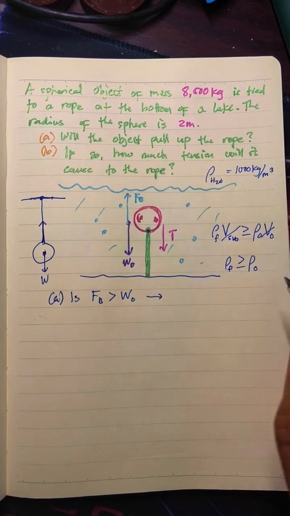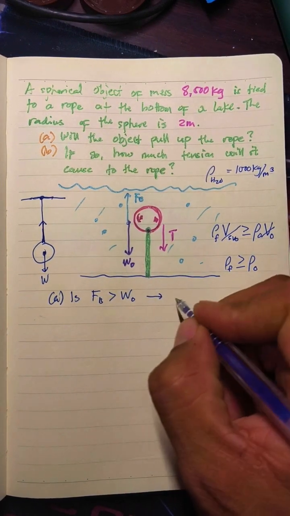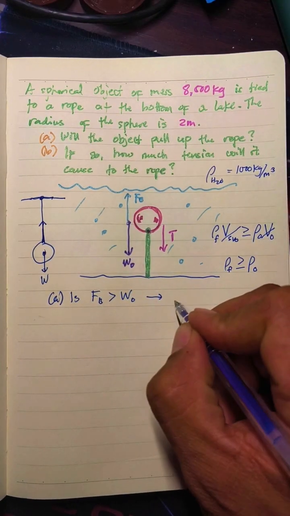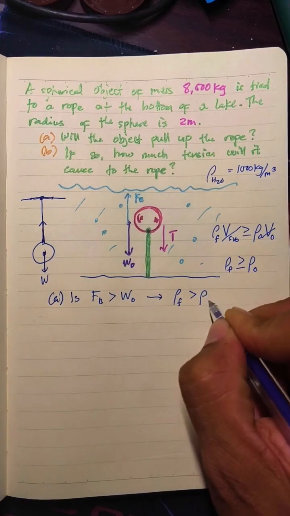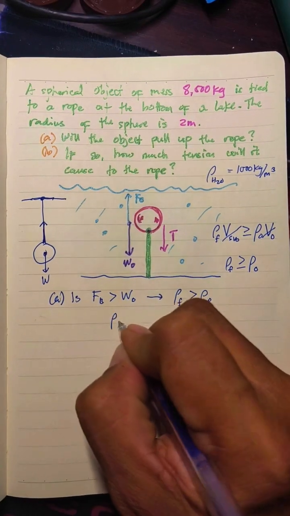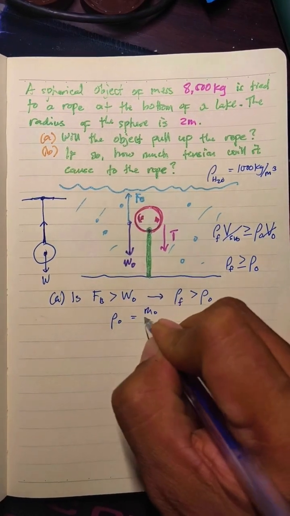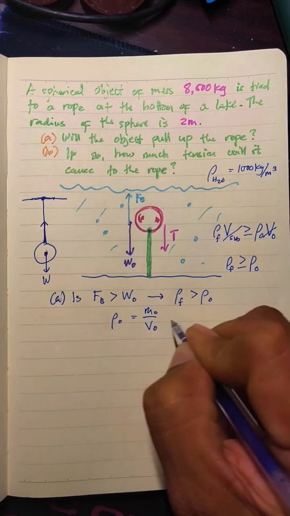So what's the density now of the object? This is the same as the statement: the density of the fluid is greater than the density of the object. The density of the object is equal to the mass of the object over the volume of the object.